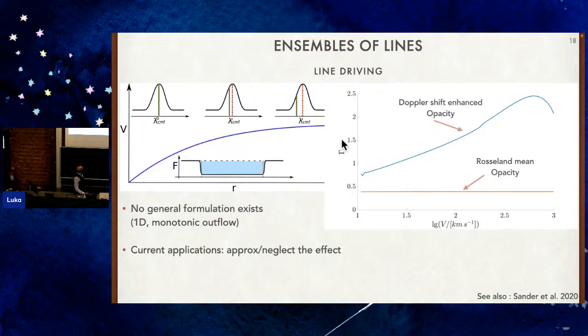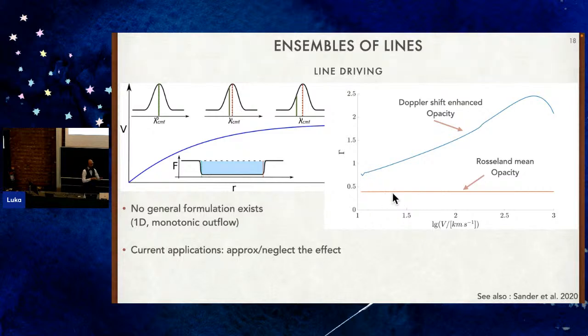To demonstrate this, the plot on the right shows how OPAL opacity, and how this opacity, which also takes into account the Doppler shift effects, changes with velocity. Here on the x-axis, you will see the velocity increasing rightwards.